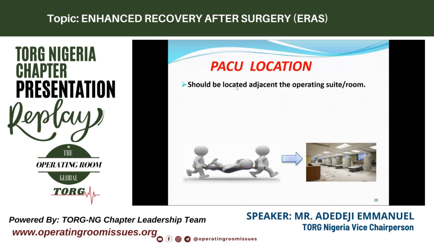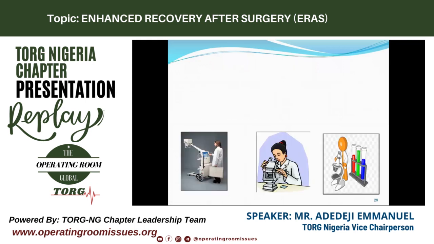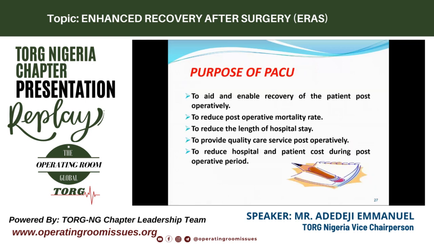All right, okay. So I'm actually on post-anesthesia care units, and I tried to talk about the essential things that will be done. The purpose of the post-anesthesia care unit is to ensure quick recovery from the effect of anesthesia.